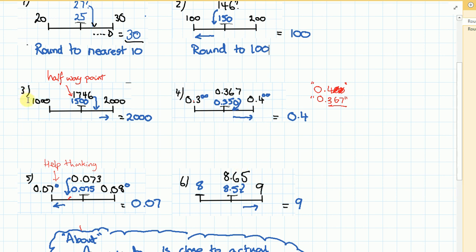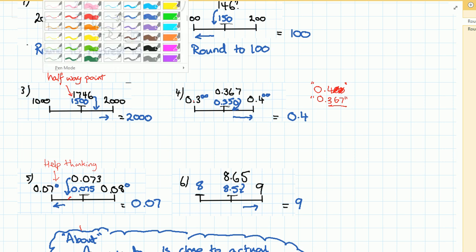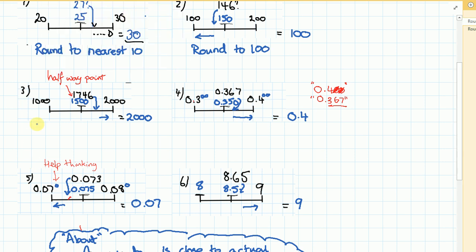Question 3, we're choosing numbers which were in their thousands, so we were rounding to the nearest 1,000. Question 4, now we were rounding to 1 decimal point. So there's the decimal point and we've got 1 value after it.